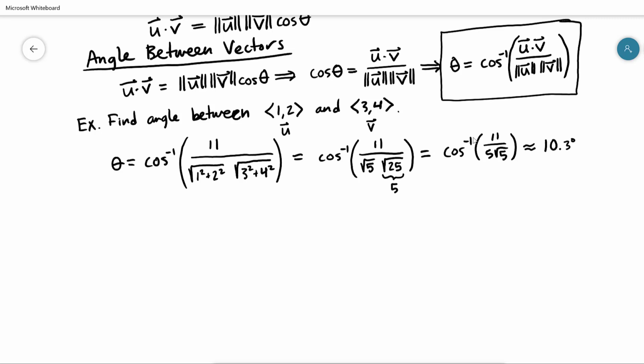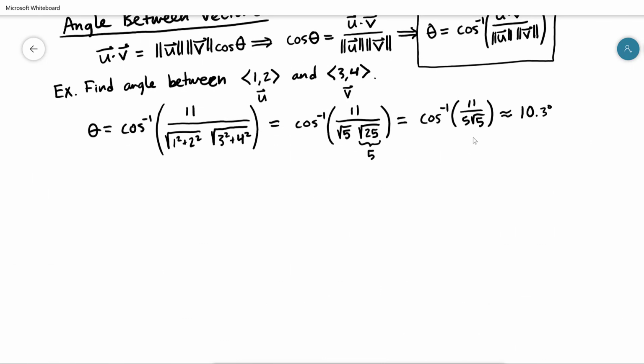So that's what the angle looks like. We can maybe sketch it just to verify that this looks like a plausible answer by actually drawing these two vectors. So x, y, 1, 2, 3, 4, 1, 2, 3, 4. Do our little hash marks. The first vector points this direction, 1 in the x direction, 2 in the y direction. So there's my u vector.